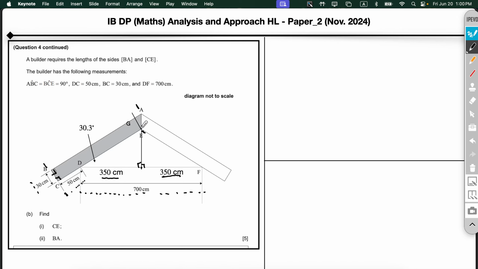And if we draw another perpendicular between E and G, so from E, we draw a perpendicular on BA straight line, this line, then we can see that BG would be equal to CE because then BGCE is a rectangle.